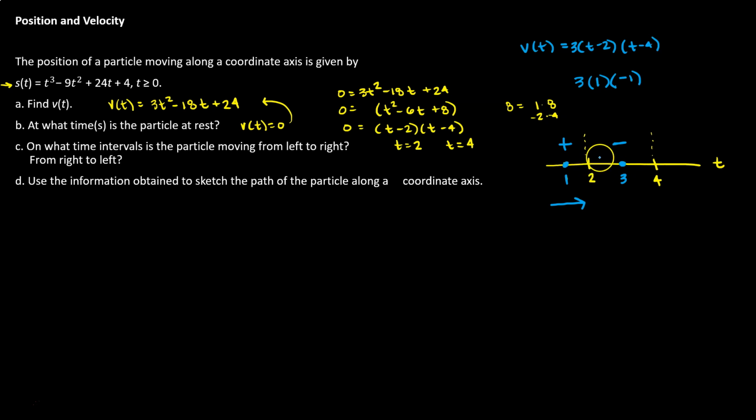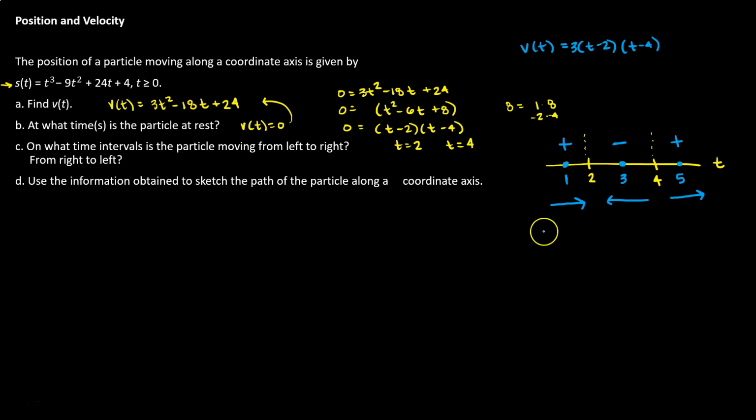From t equals 2 all the way up to t equals 4, I have a negative velocity, which means this particle is moving right to left over the seconds 2 to 4. And then after 4, I could pick something like 5. Plugging that in, I will find that I have another positive velocity interval. So the particle is moving again left to right.